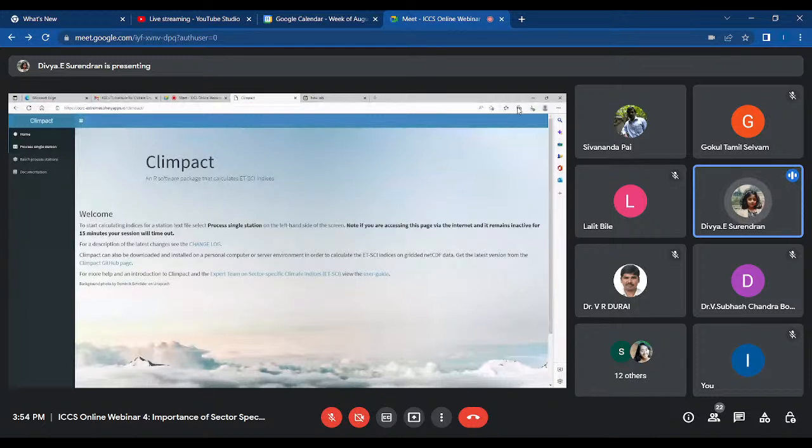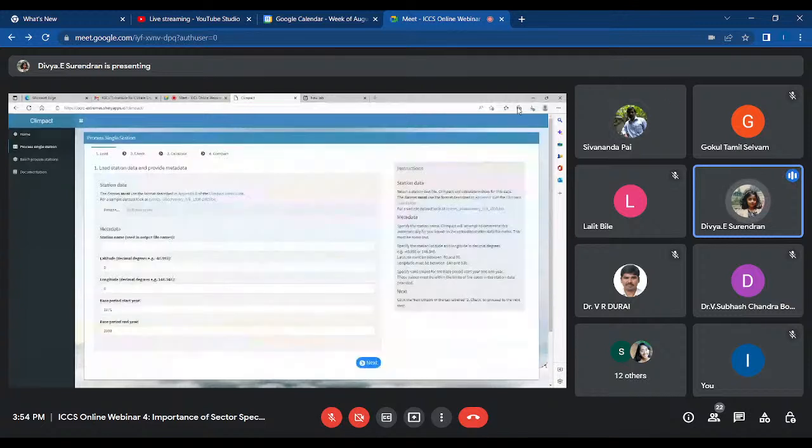So here if we go, there will be a page like this. Here you have to give the input data. Here I am giving it for Alapura station.